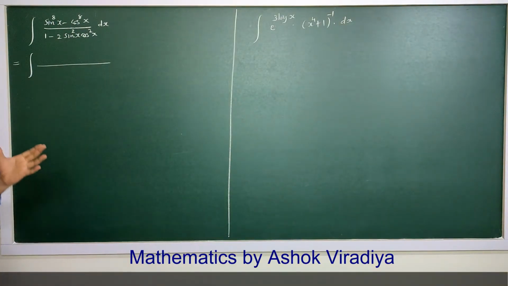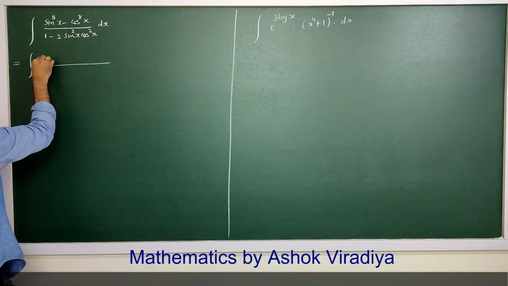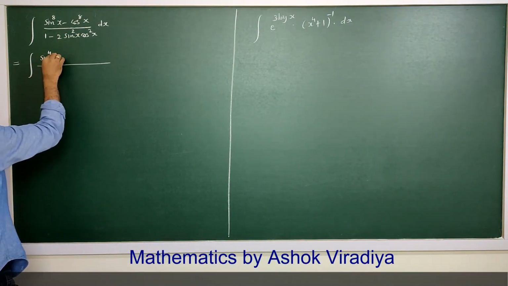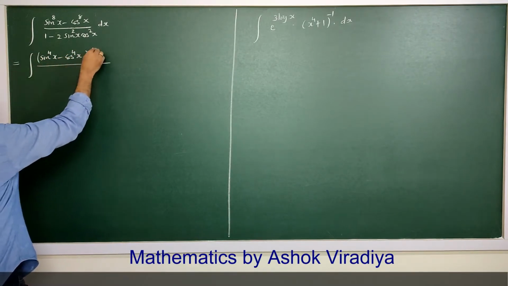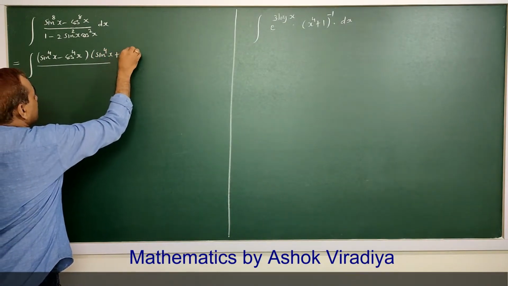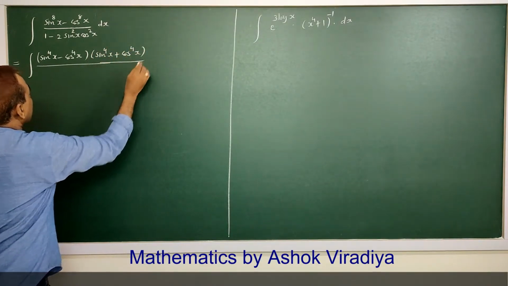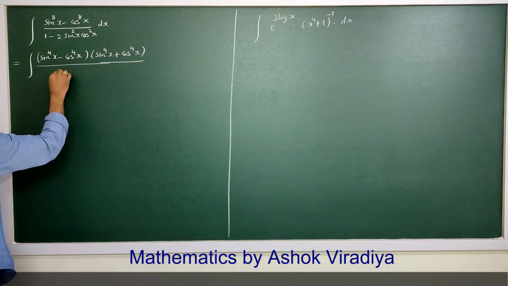Factors of a^8 minus b^8 are (a^4 minus b^4) and (a^4 plus b^4), and the denominator we keep as it is.